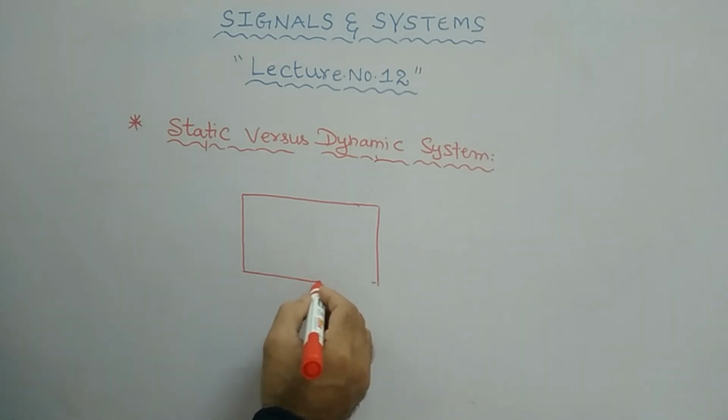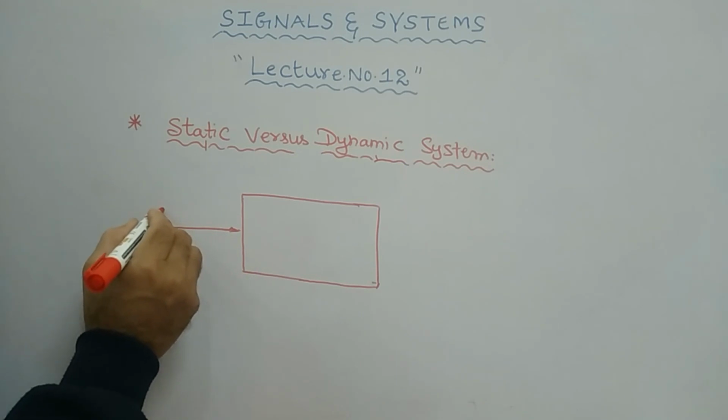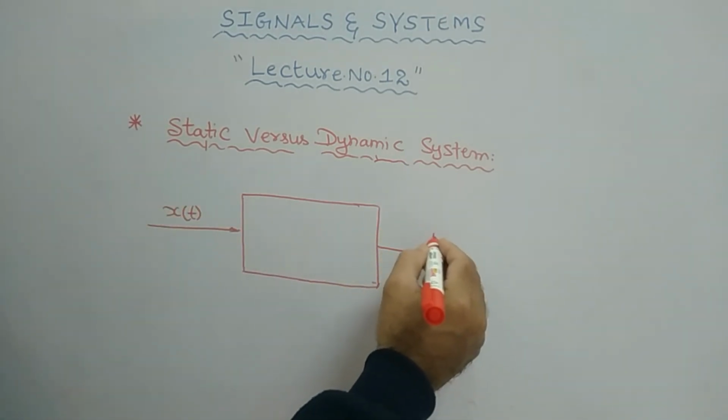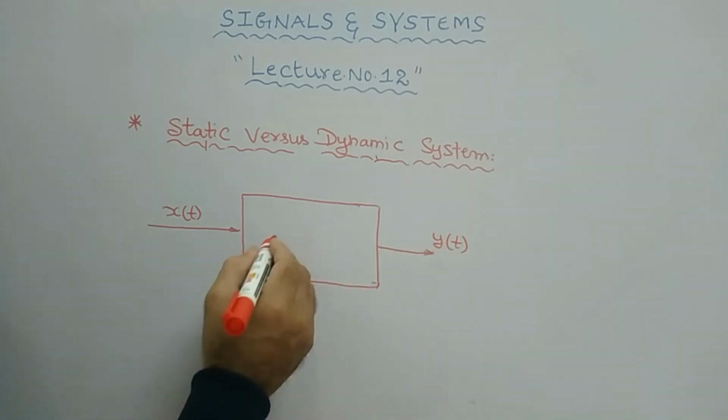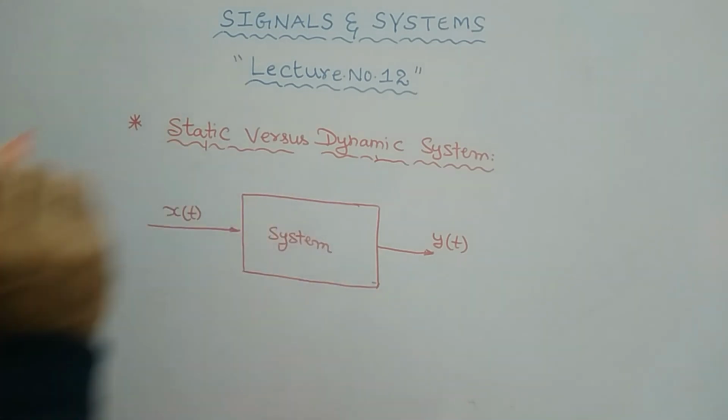So this is your input, x of t, and this is your output, y of t. This is what I am calling a system.